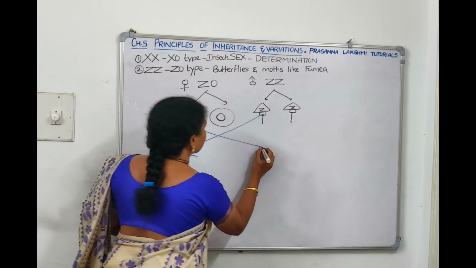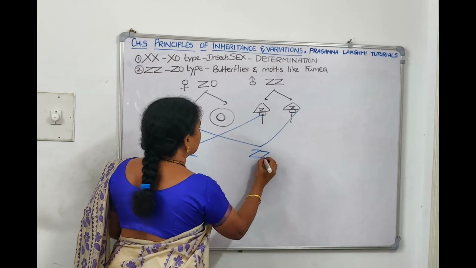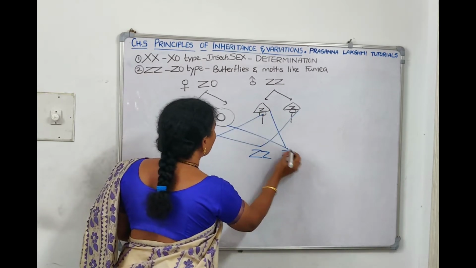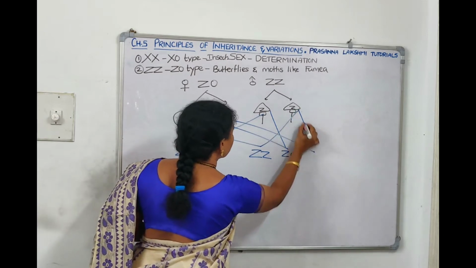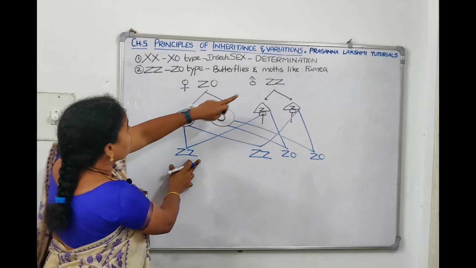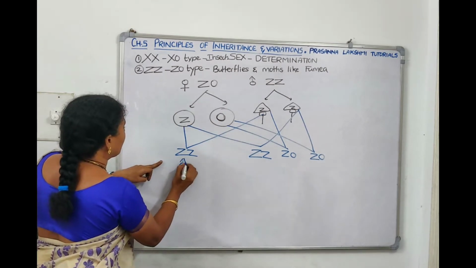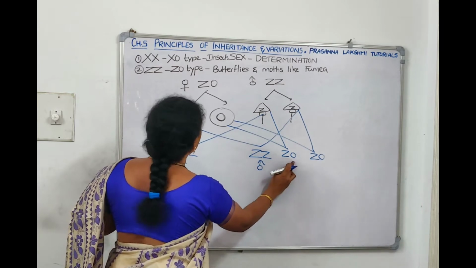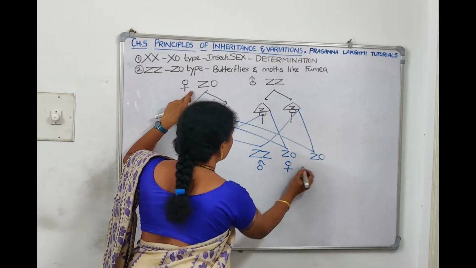When the egg fuses with this sperm, also we get ZZ. If this egg fuses with this one, we get Z0, and if this egg fuses with this sperm, also we get Z0. ZZ means male, whereas Z0 is female.